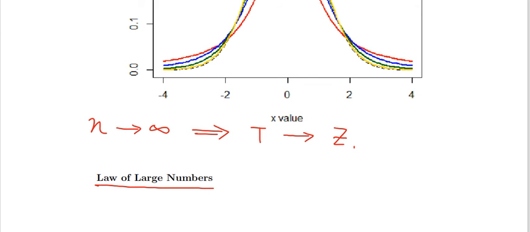So law of large numbers means that if sample size is quite big, then we don't care about Z table, T table, or Z star, T star. It doesn't matter. So if sample size is quite big, this formula x bar plus minus Z star times s over radical n is also okay.